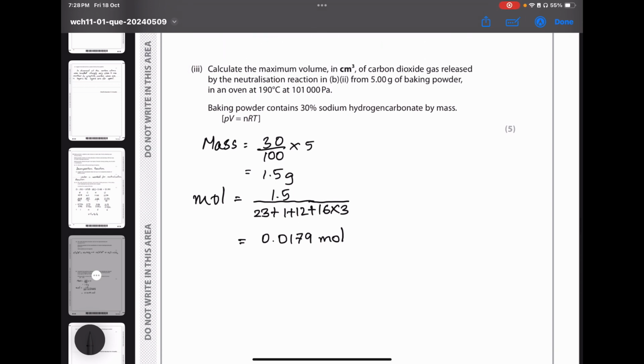All right. Now we need to use the formula PV is equals to nRT. Now pressure is 101,000 times V is equals to n, we know, 0.0179 times R, which is 8.31 times temperature. Temperature needs to be in Kelvin, right? So 190 plus 273.